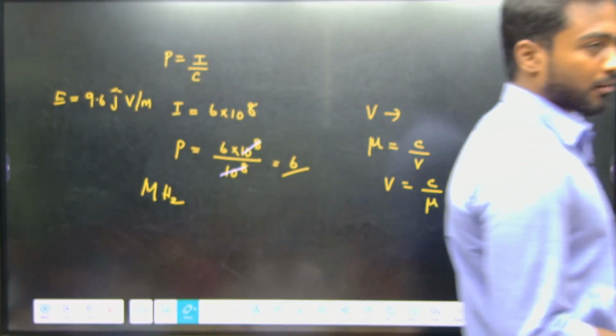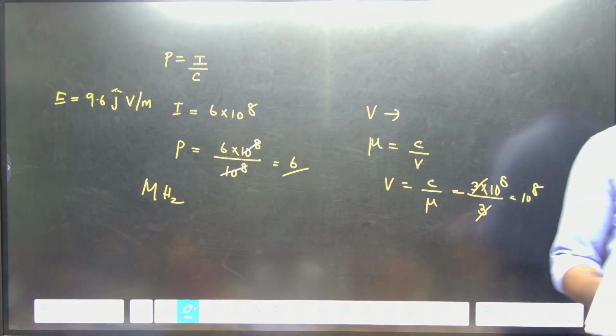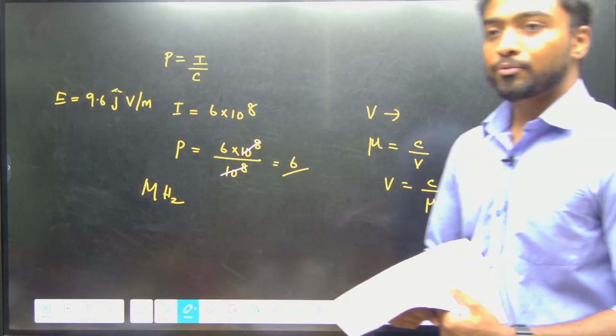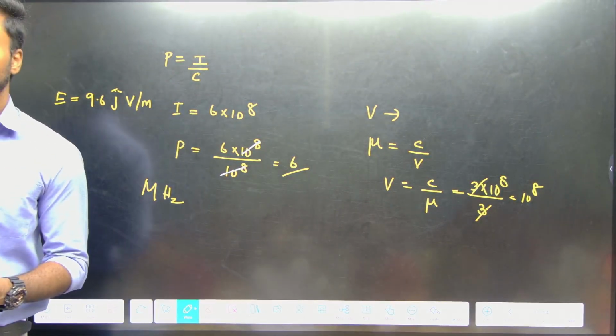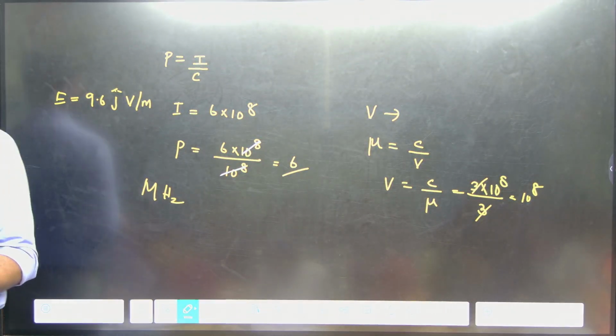This is the equation. They have given the value of electric field, that is E, and get the value of the magnetic field B. What is the relation between magnetic field and the electric field? Tell.